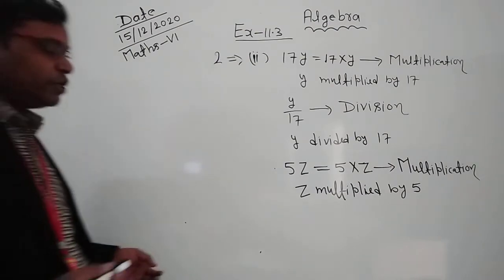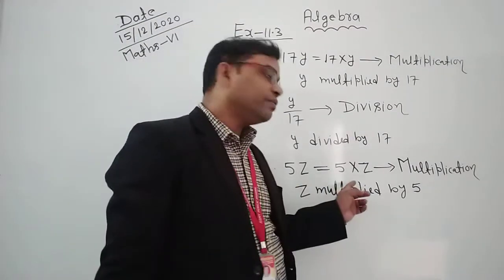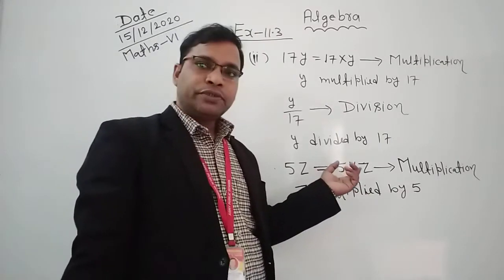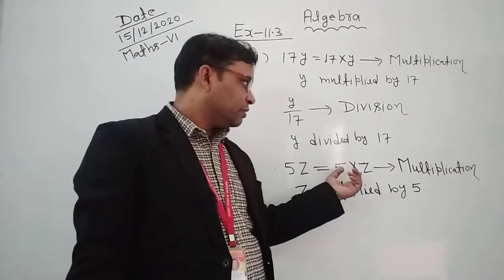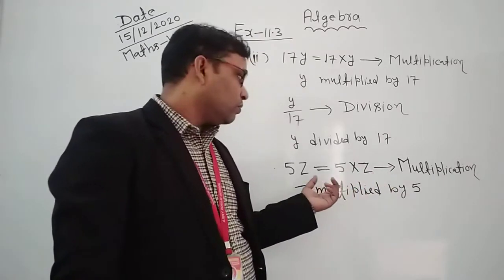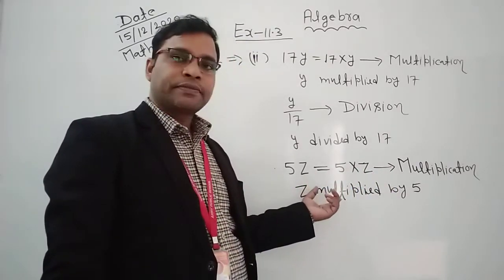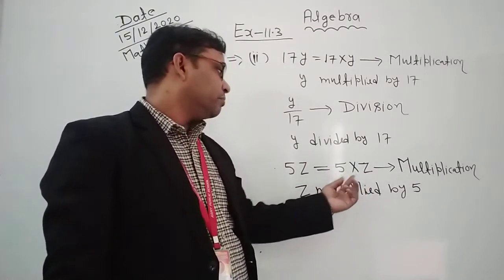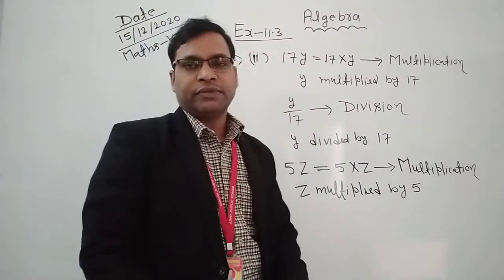Now the next is 5z. You can write it as 5 into z. So obviously you can see which operation is used. We have identified the operation as multiplication. So how has the expression been formed? You can say z multiplied by 5. This is clear.